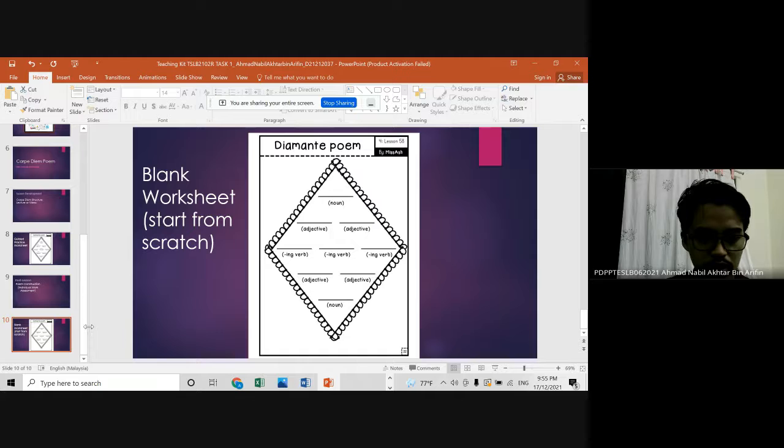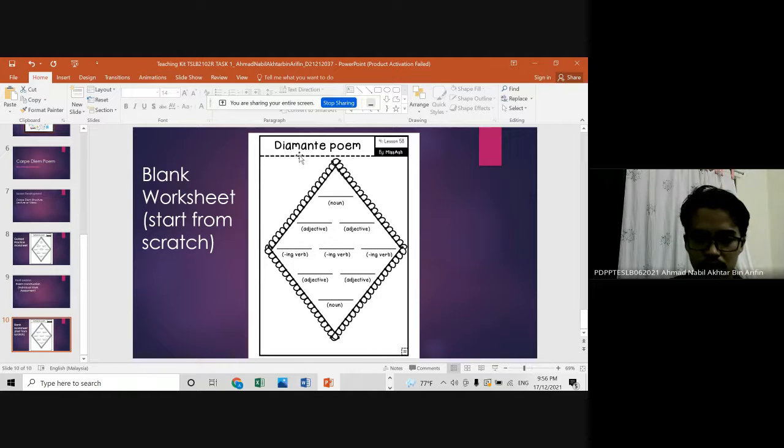One easier way to assist students who are beginners is that the teacher can provide the theme or the topic, so they have at least some idea or scope in which they write the diamante poem.